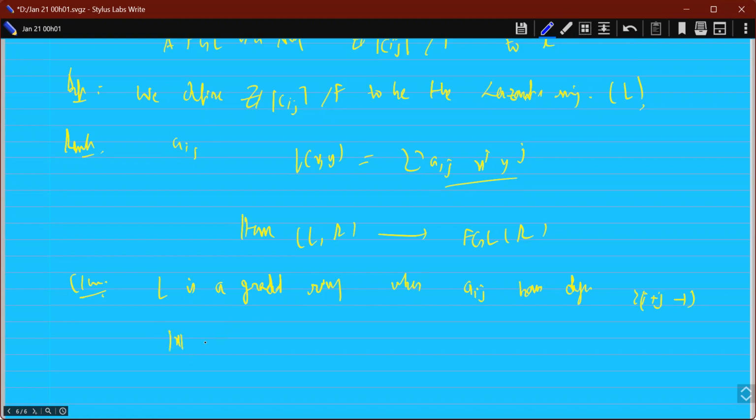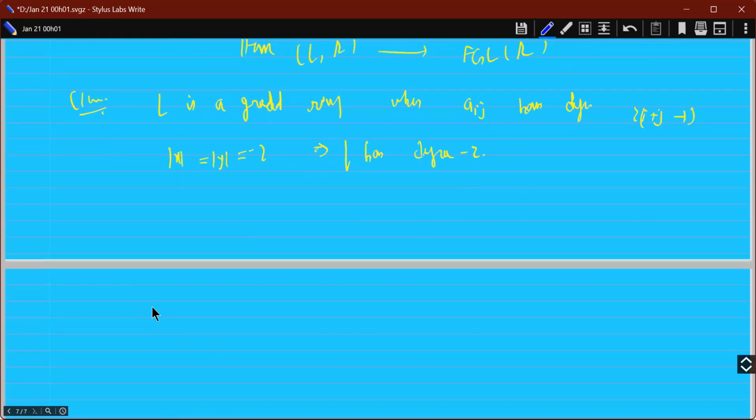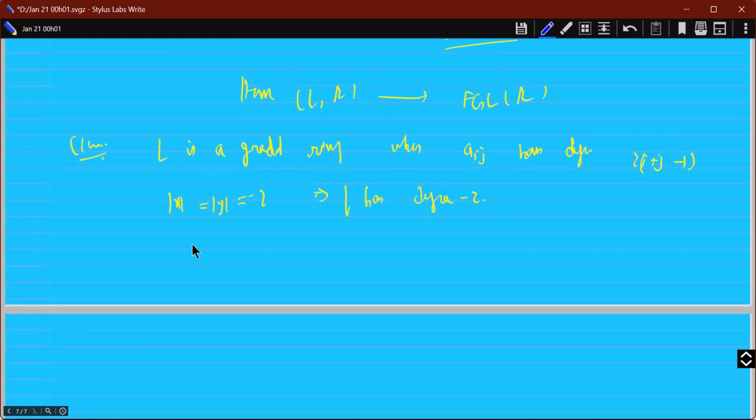Say if x and y have degree -2, then F also has degree -2. Maybe let me talk about this. Why do I have this degree -2, for instance? There's a way to think about it, but let's not get into it. Let's assume this one for now.